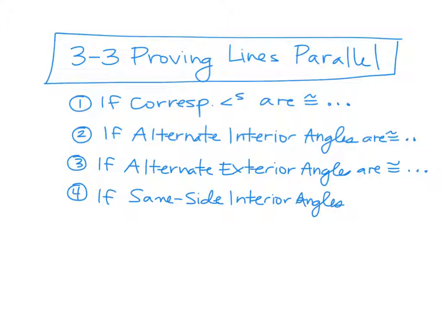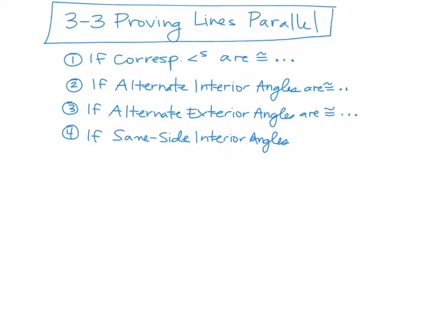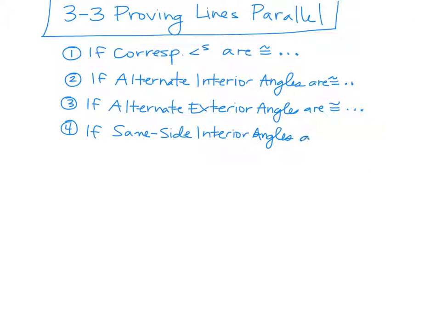Congruent? Supplementary, right? So if same side interior angles are supplementary, dot, dot, dot. Okay, so they all start differently, but what comes after the dot, dot, dot is then the lines are parallel.